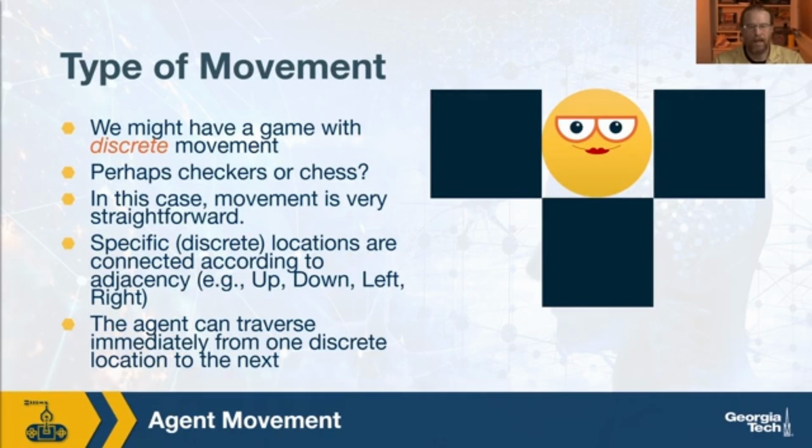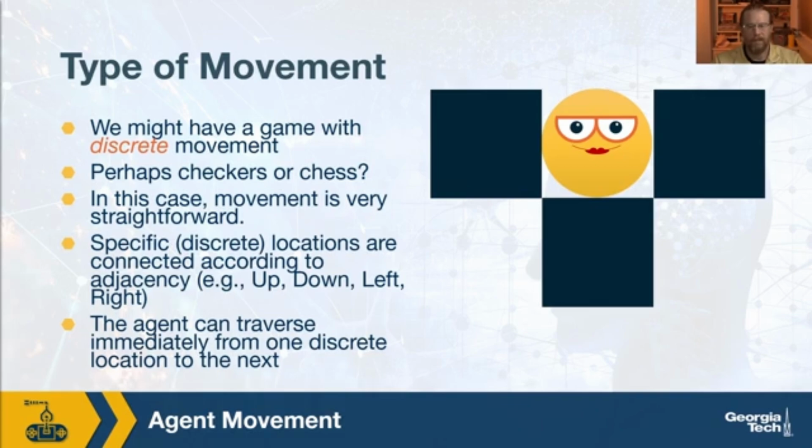So one common type of movement that you see, especially with early video games, like some of the first examples of video games, would be classified as discrete movement. And so this conceptually would be something similar to checkers or chess, where you have a grid and there's different discrete locations.